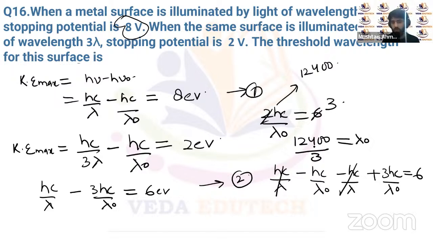That will be approximately 4100. So 4100 angstroms will be the threshold wavelength for this metal surface. This is how we can calculate the threshold wavelength for the given situation.